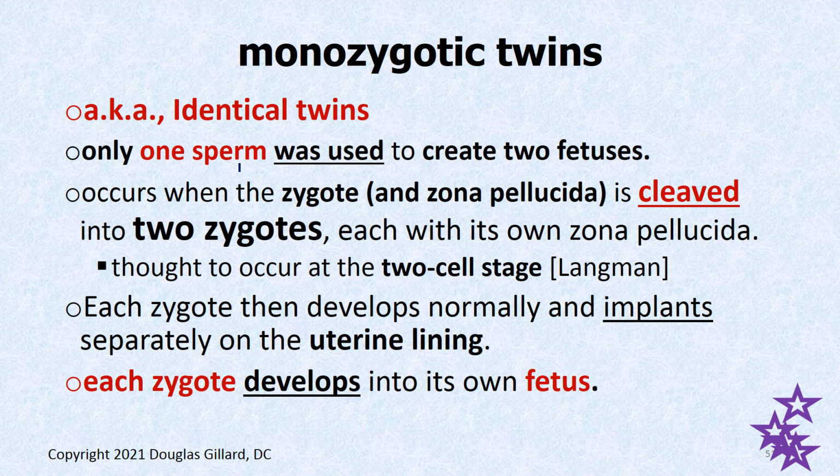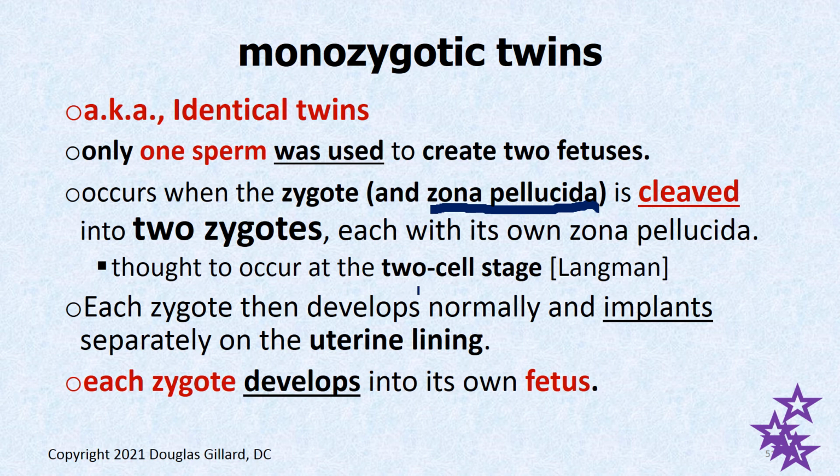So if only one sperm was used, these twins are going to be identical. The zygote was cleaved, and the zona pellucida. Remember I said the zona pellucida usually is not cleaved? This time the zona pellucida is cleaved into two. And so we have two zona pellucidas. We have two zygotes with their own zona pellucidas. So we have two little humans growing at the same time.